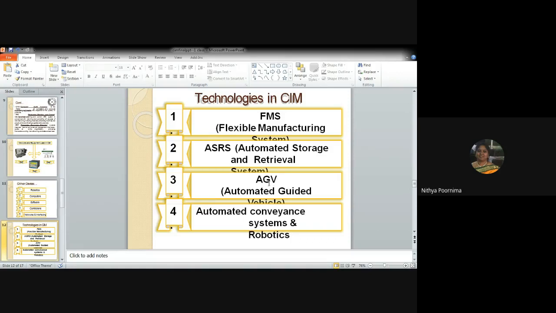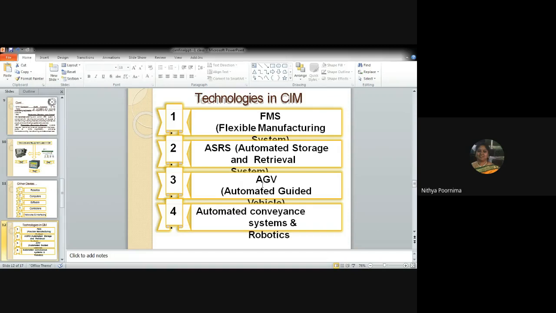Then AGVs, without these automated guided vehicles, any automation system won't be possible. These guided vehicles can either work on conveyors, or can be individual, on their own as a vehicle. These are usually used to carry the component from one station to the other station, or carry different raw materials from one station to the other station, right?